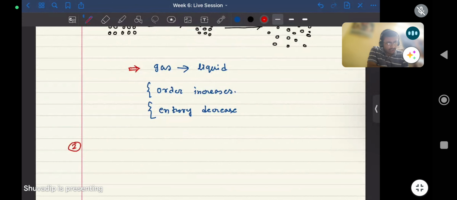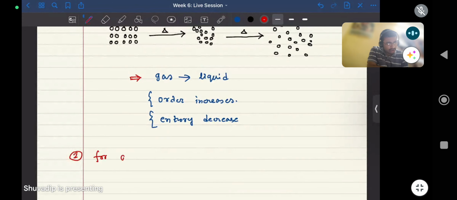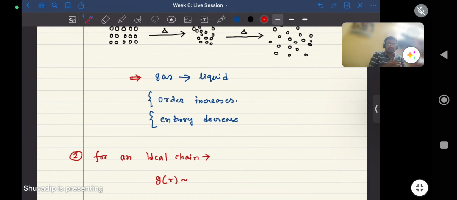For an ideal chain, G of R is what? How is it dependent on R, as a function of R?